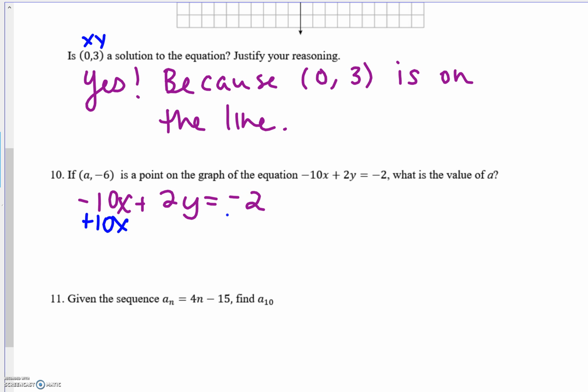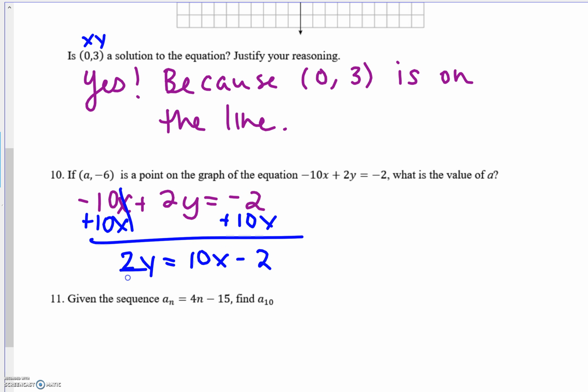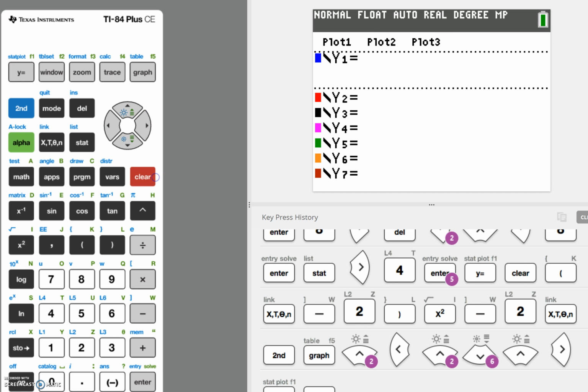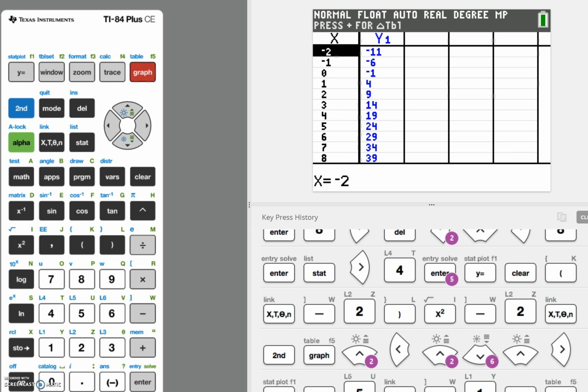Add 10x, add 10x. 2y equals 10x minus 2. Divide by 2, and our equation is y equals 5x minus 1. From here, we're going to type that into the calculator: y equals 5x minus 1. From here, second, table.